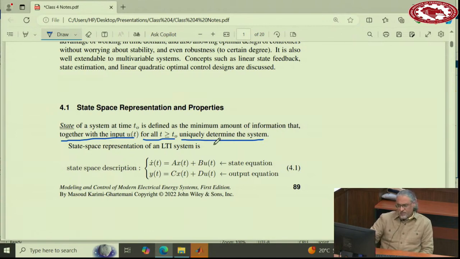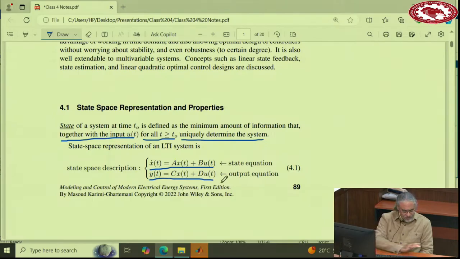So for instance, for a linear time invariant system, you will see in a moment, but you might even be able to imagine now, the state space representation is x dot equals Ax plus Bu, and the output equation is y equals Cx plus Du.